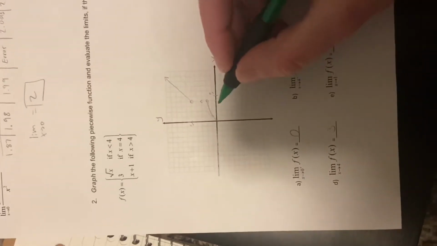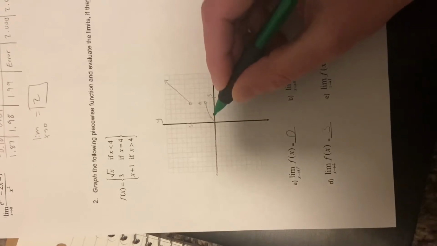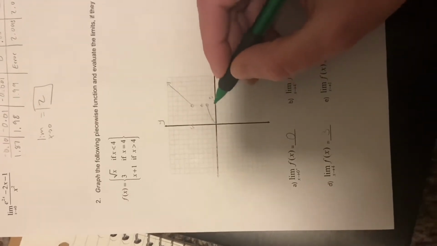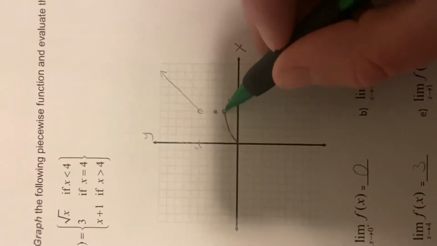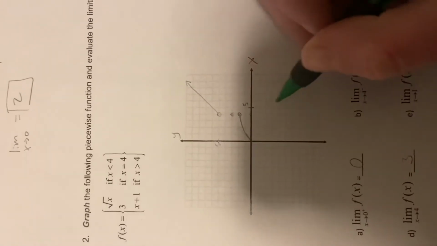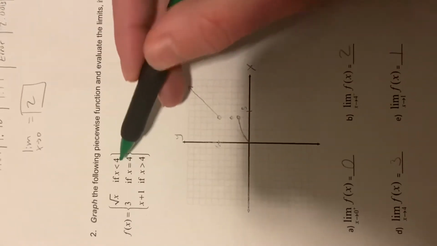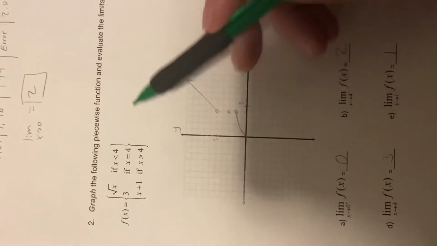So we go to the x-axis, find 4, and anything less than it, so 3, 2, negative, whatever, follows the square root graph, just like this. It is also an open bubble, not a filled-in point, because it is a less than symbol. The only way it is a filled-in bubble is if it is an equal.